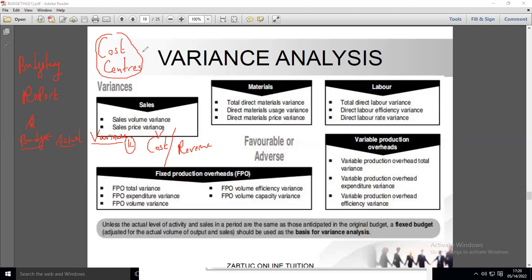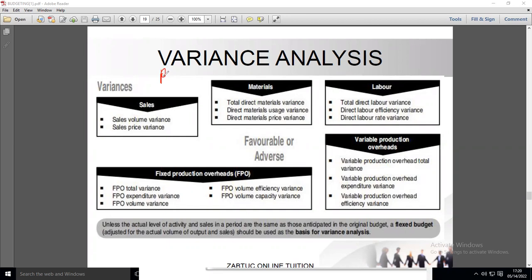Let's pick some ideas here. To start with, for the variance analysis system to be effective, you must break down the variances. So what we have here is a reminder to you from your previous studies.